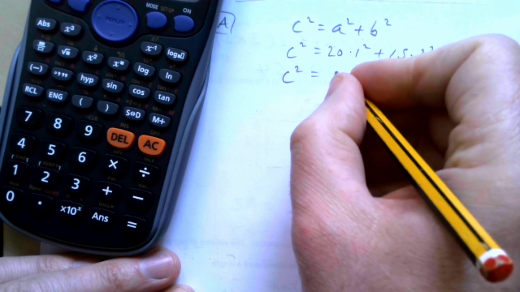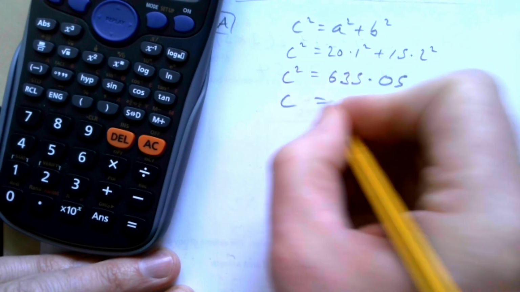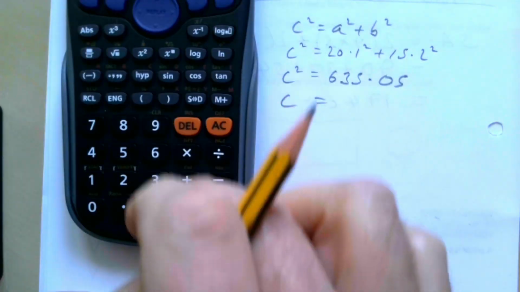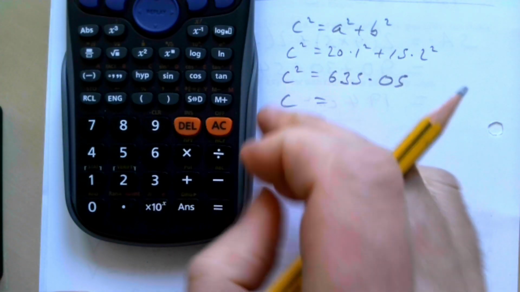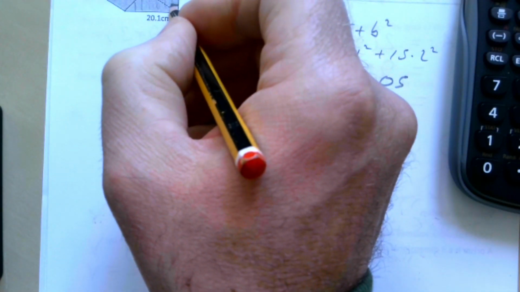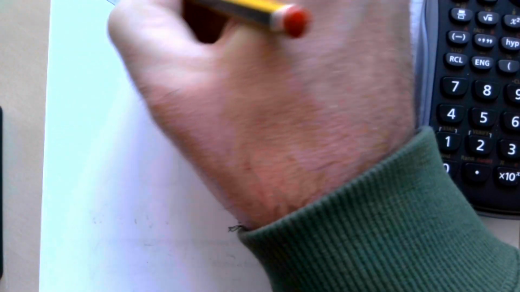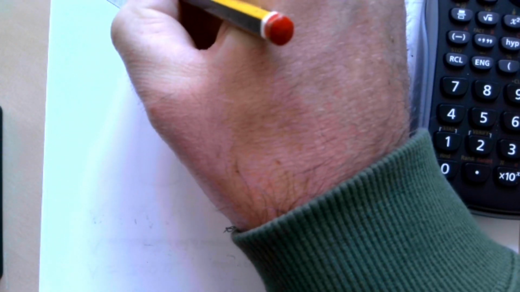So it gives me 635.05. C then is going to be the square root of that, 25.2. And because that's the right angle in there, I'm assuming it is, otherwise it can't be worked out. So we then have a 25.2 here.